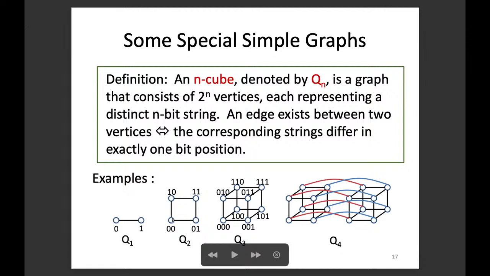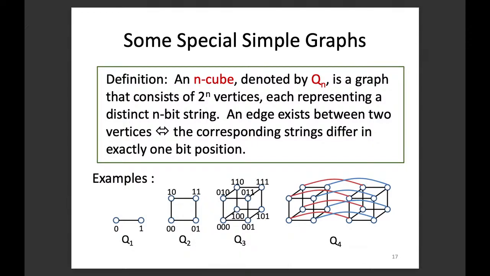So we get a 2-dimensional cube. To get a 3-dimensional cube, it is also easy. We have 2 copies of the 2-dimensional cube, this square and this square, and after that, we link the corresponding vertices together by an edge. So this forms a 3-dimensional cube.